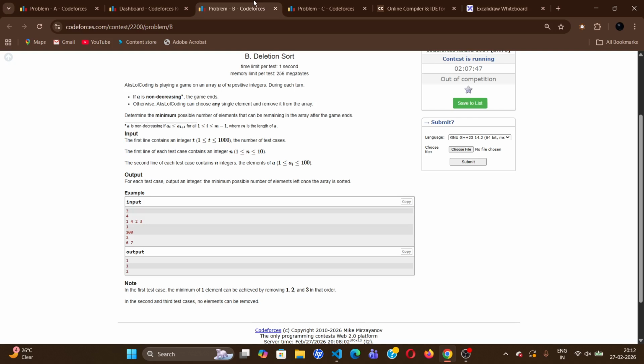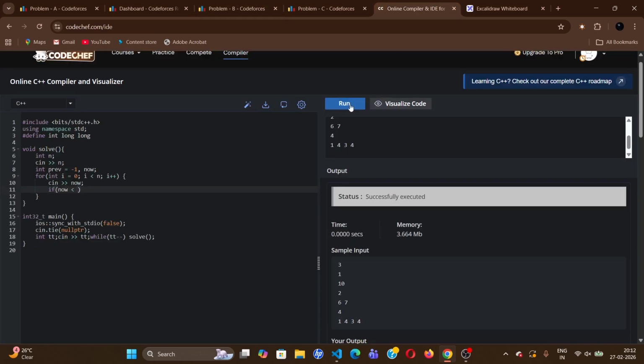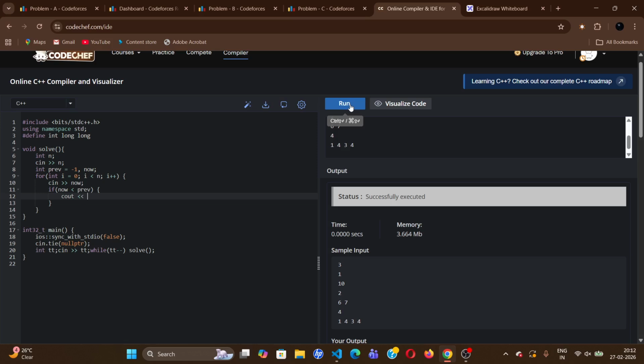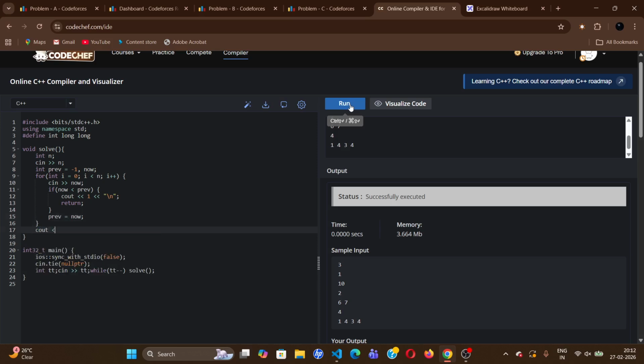If now is less than previous, in that case cout 1 and return. Else cout n.